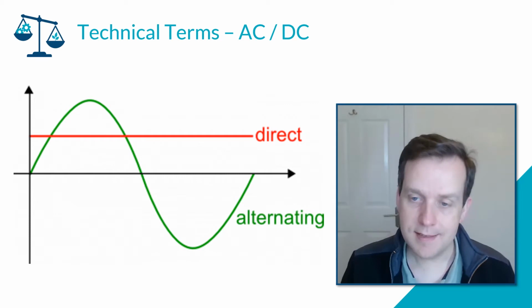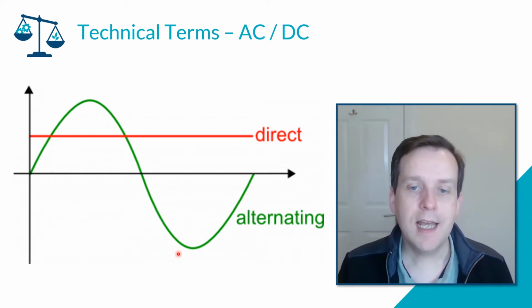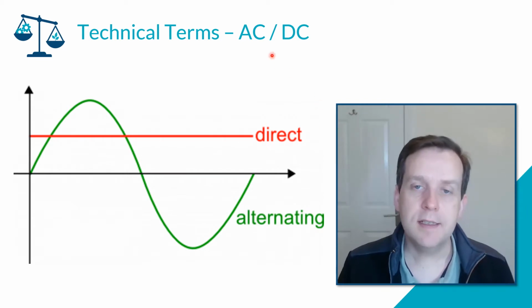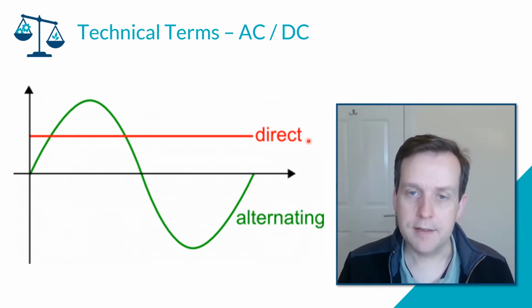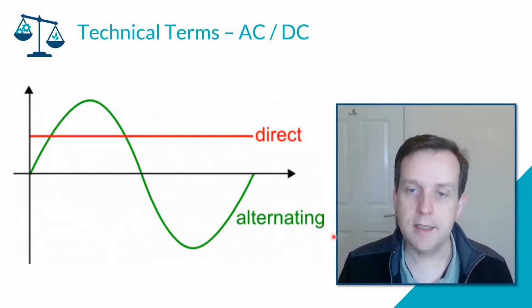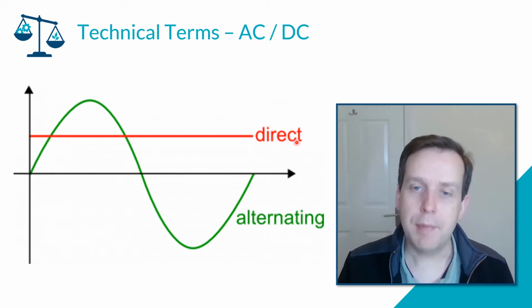AC and DC. So AC is an alternating current. DC is direct current. So most higher energy use is on alternating, and most lower energy use is on direct. So examples of direct are typically any device that has a battery, because a battery is direct current.